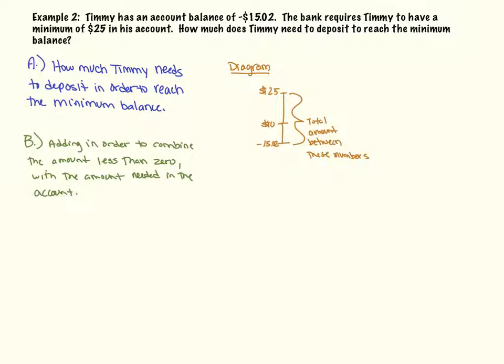So here, it's just like the distance thing. There is a total distance between $25 and negative $15.02. So we're going to add the two numbers together to figure out what that total distance is. Again, line the decimals up because the 25 does not show any place value holders for the change. I added 2 zeros in.